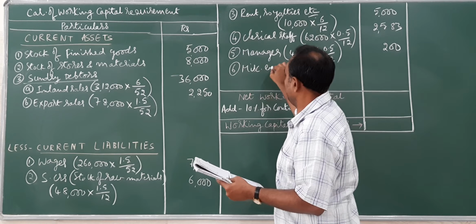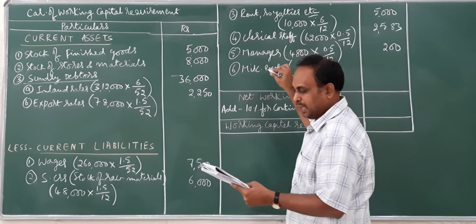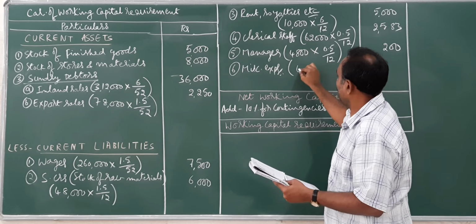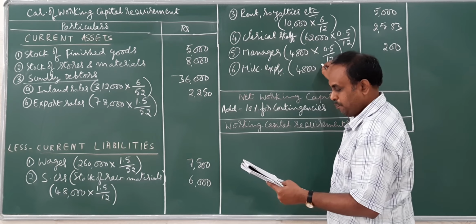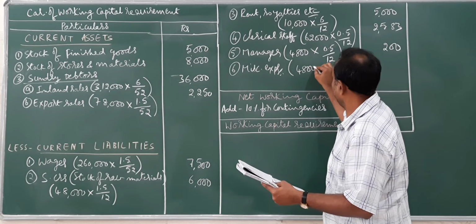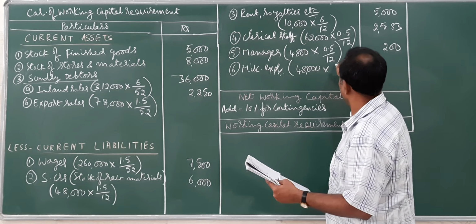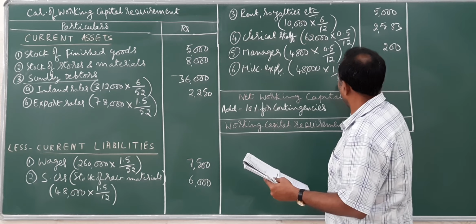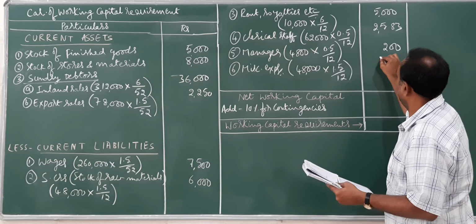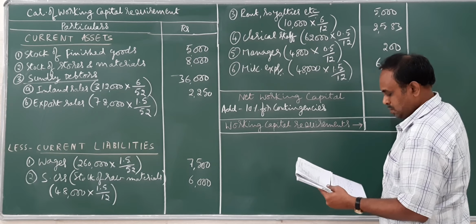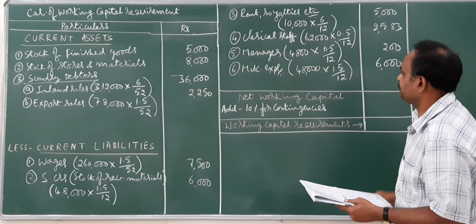That is also a payment, so it is nothing but current liability, 48,000 again, at 1.5, it comes to 6,000 rupees.